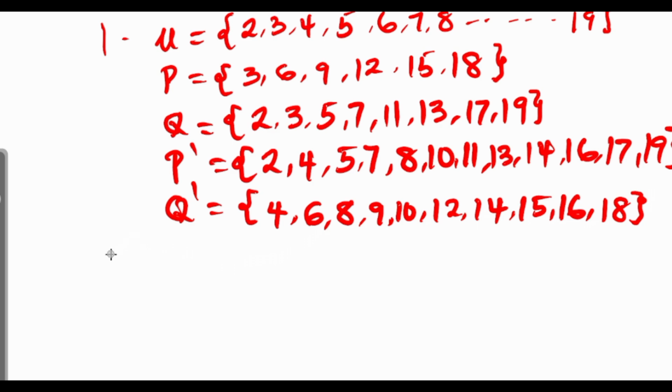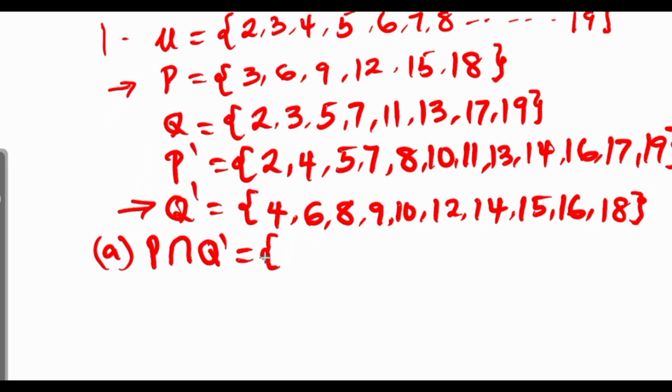So now let's come to the first question. We have P intersection Q prime. What are the elements that are in P and Q prime? Intersection means the elements that are common to two sets.